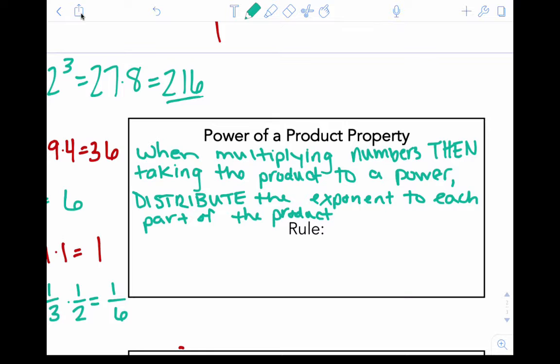So each item in the parentheses. This rule is going to look like this. I can take any number times any number to any power, and that's going to equal the first number to that power times the second number to that power.